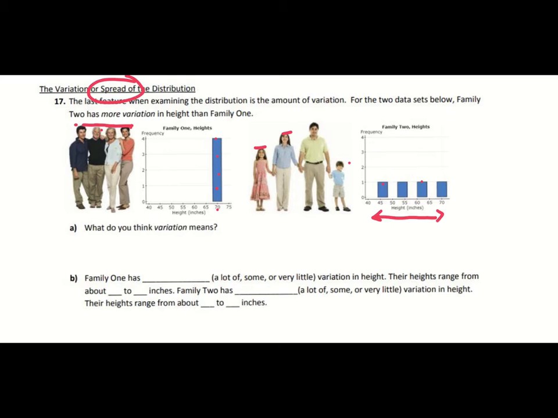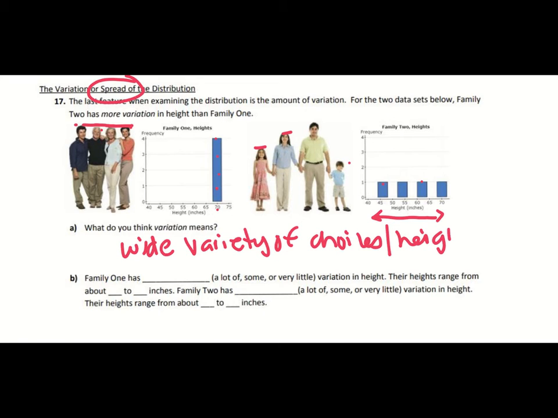So what do you think variation basically means? So variation means that you have a wide variety of choices, of heights in this case, of results. They're vastly different. So family 1 has very little variation in height.